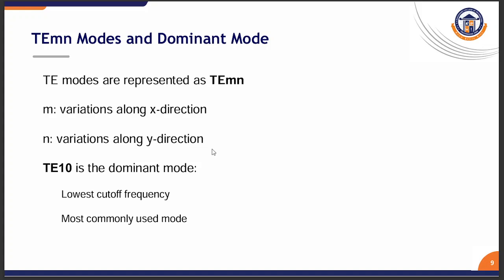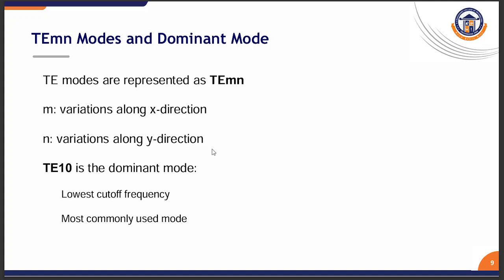Above the cutoff frequency, the wave propagates with a phase velocity greater than the speed of light in free space, although the group velocity, which represents the energy transport, is always less than the speed of light. Among all TE modes in the rectangular waveguide, the TE10 mode has the lowest cutoff frequency and is therefore called the dominant mode.